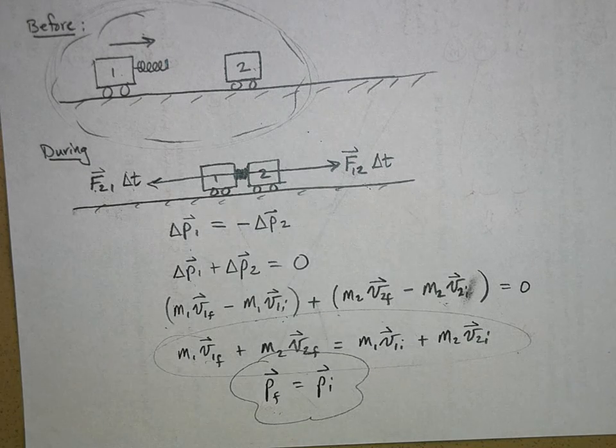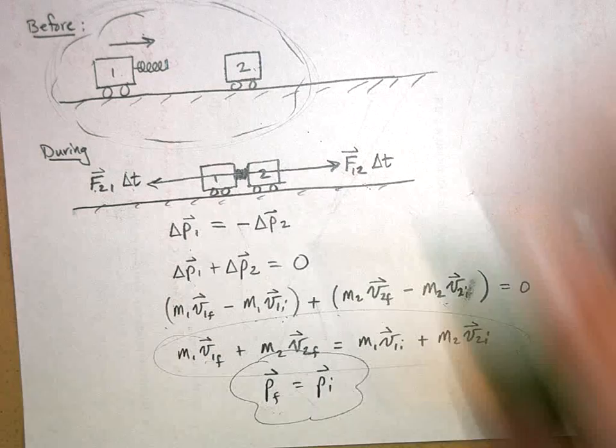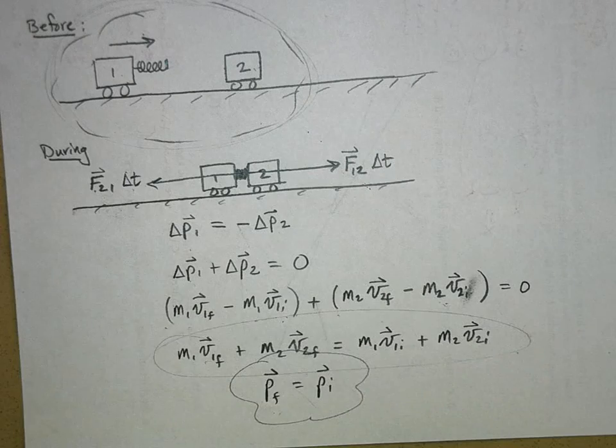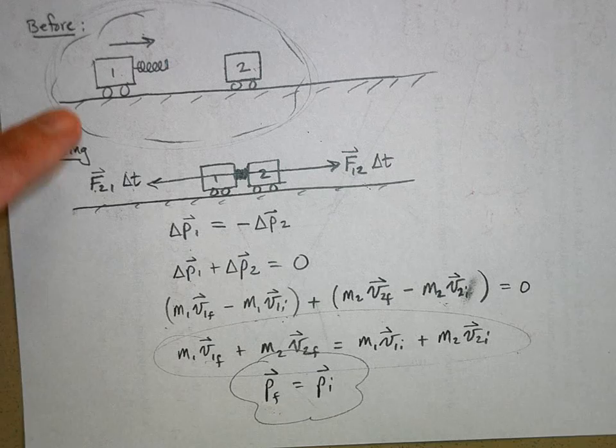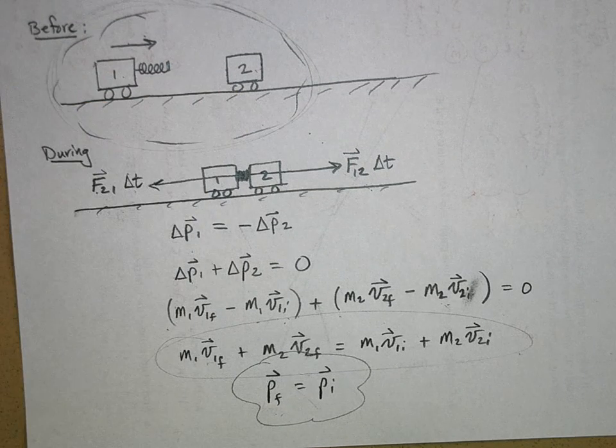So that's the big idea. If there's no net outside force acting upon your system, the momentum of your system will not change over time. The momentum of the individual particles within your system can change. Look, object 1 gets its momentum changed. Object 2 gets its momentum changed because of the collision.